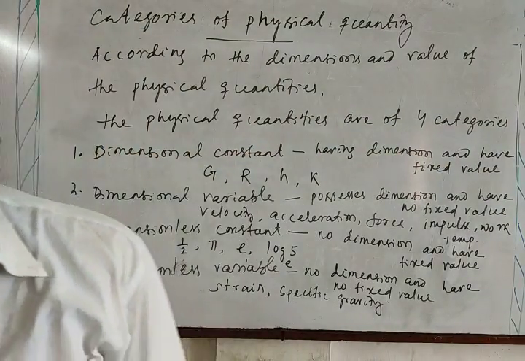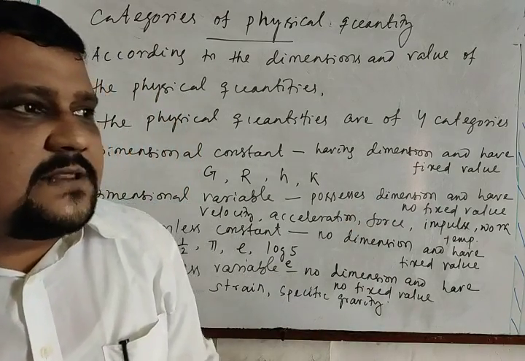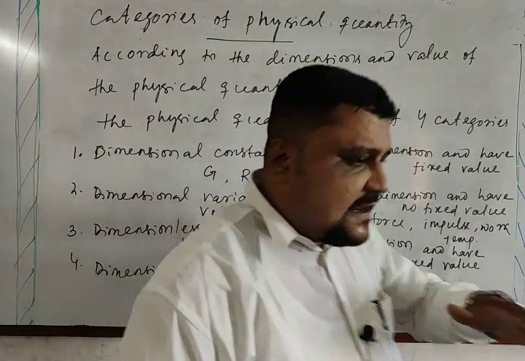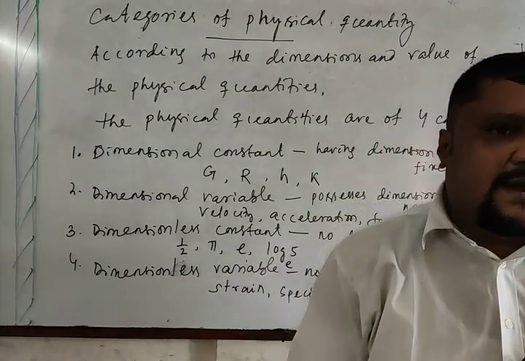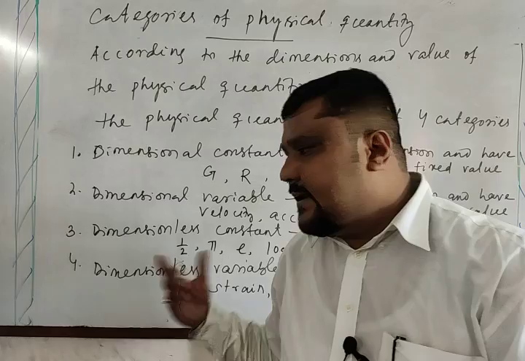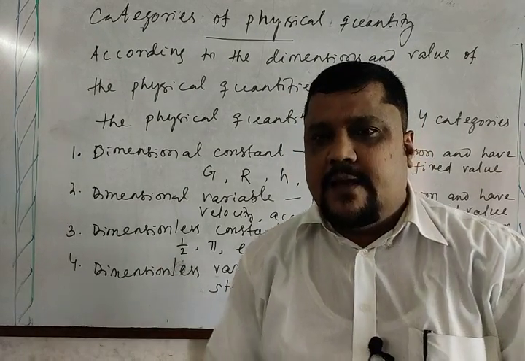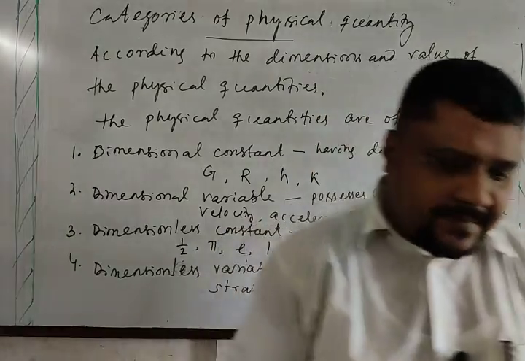This is not all the physical quantities that come in our day to day life in physics. You will get more physical quantities and more dimension formulas in due course of time. Okay. Thank you.